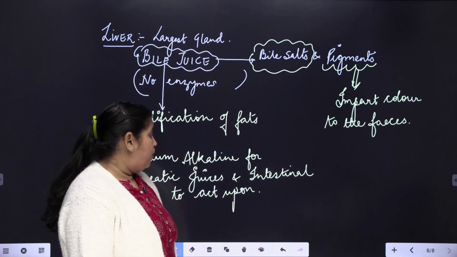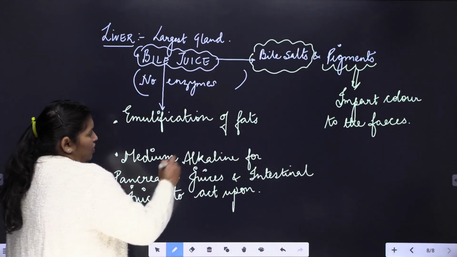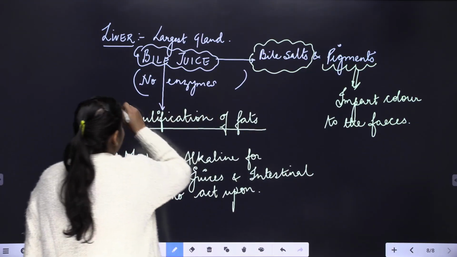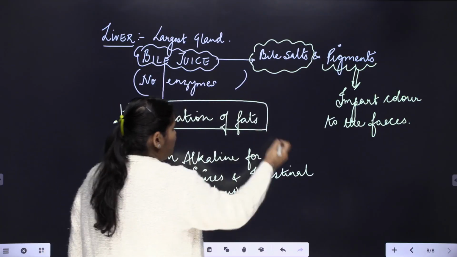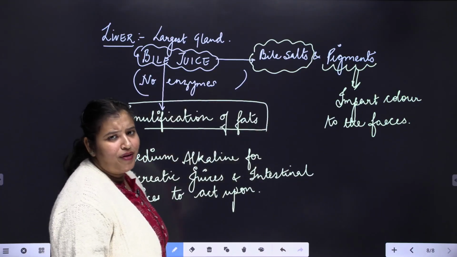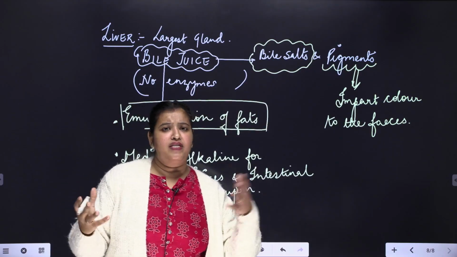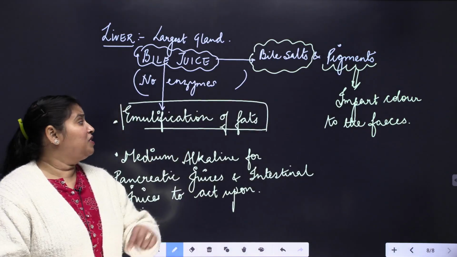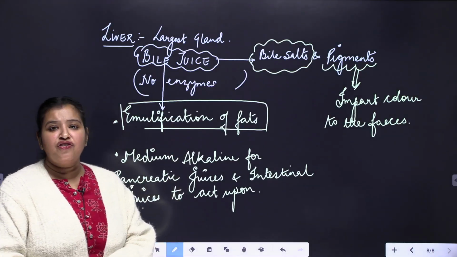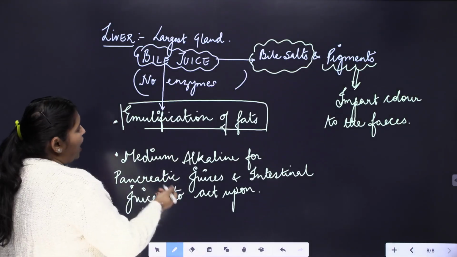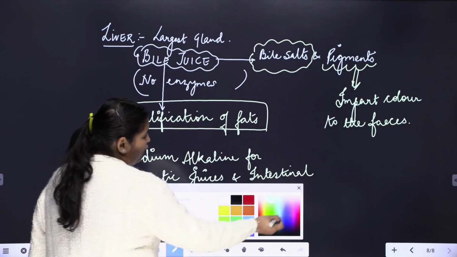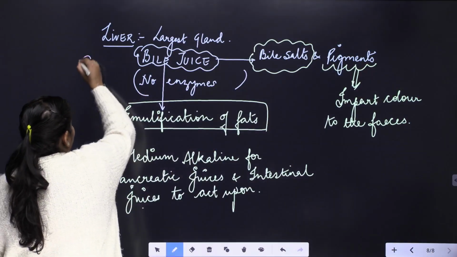Clear? Now, emulsification of fats. Let's come to this part. This is very, very important. This has been directly asked so many times, even in the case-based questions. What is emulsification? Emulsification means the fats are present in the form of a large droplet.